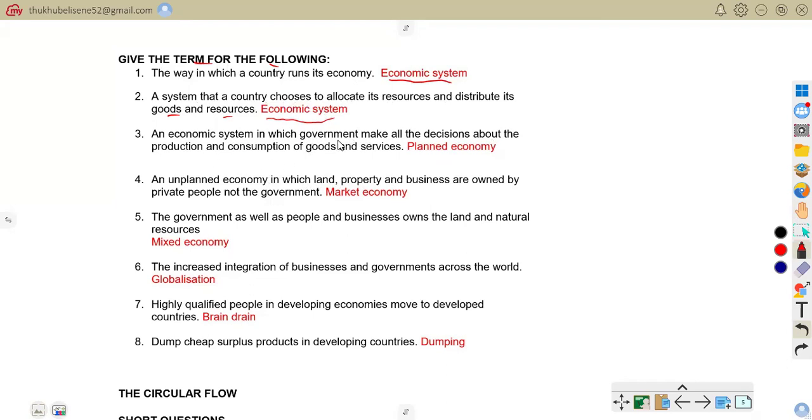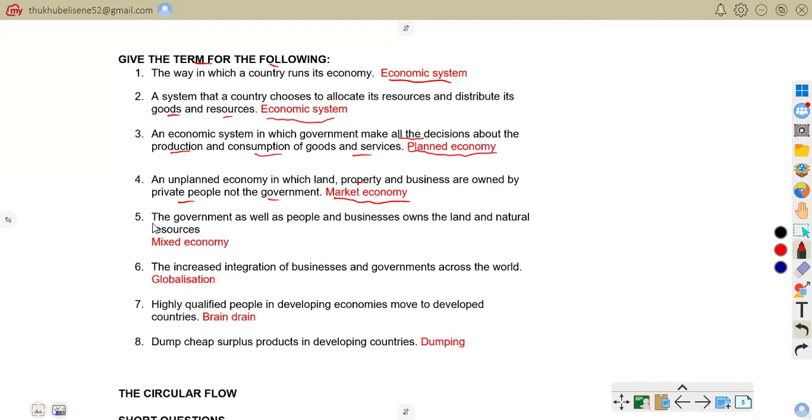An economic system in which government makes all the decisions about production and consumption of goods and services. That is a planned economy, whereby government is the one that makes all the decisions. An unplanned economy in which land, property, and business are owned by private people, not the government, is a market economy.